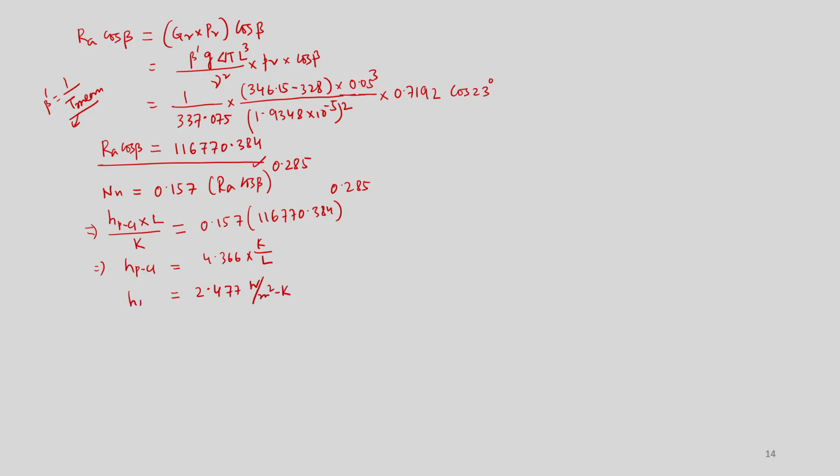Okay. h_PC1. Right. So, this K value is 0.02837 and this L is 0.05. Right. So, we can know now what is the value of h_PC1.